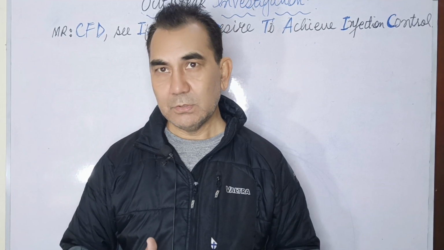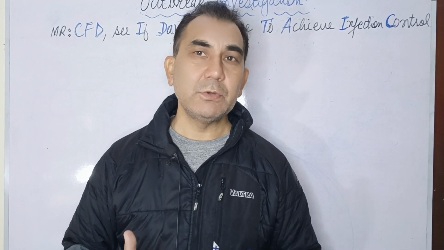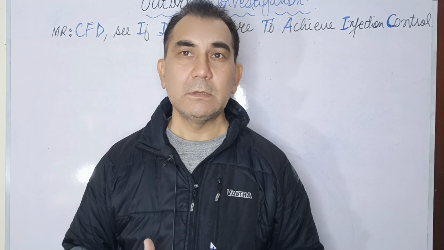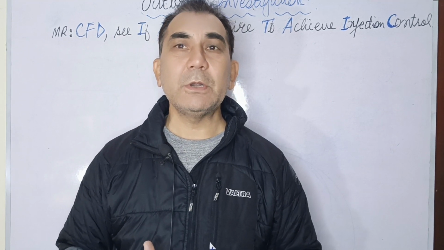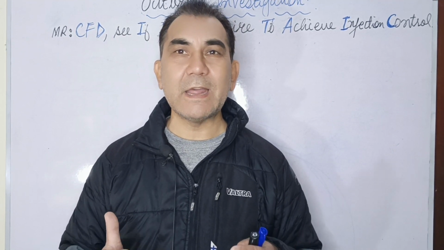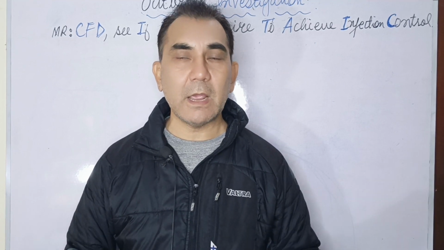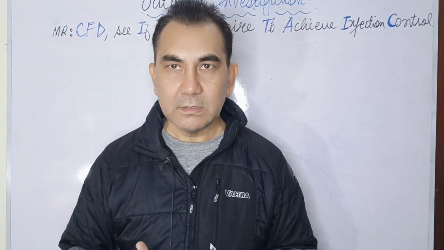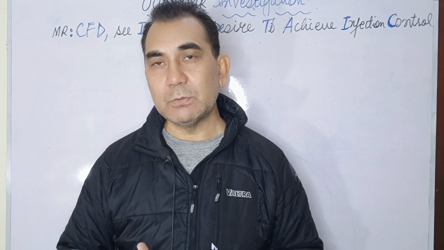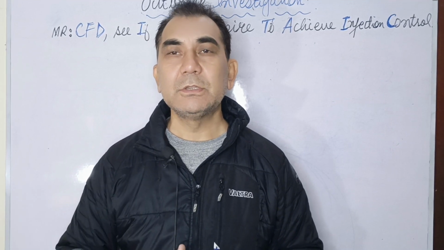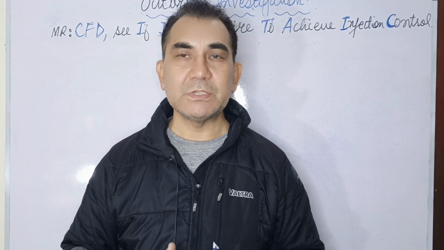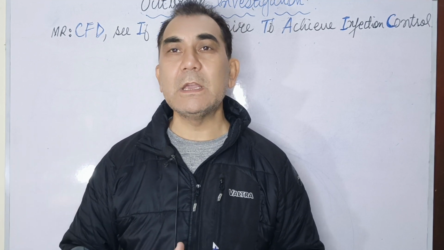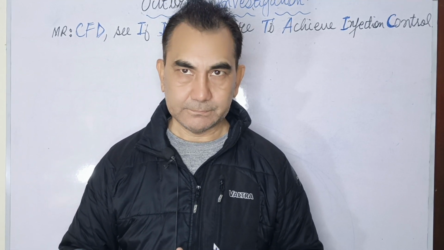So that community or group of people gets a particular disease, such as cholera, dysentery, typhoid or hepatitis A, and it becomes an outbreak because of the contaminated water from the leakage of the sewerage pipeline.